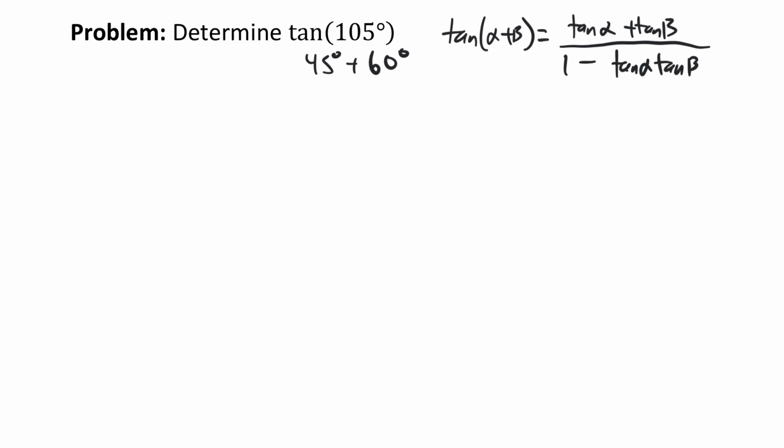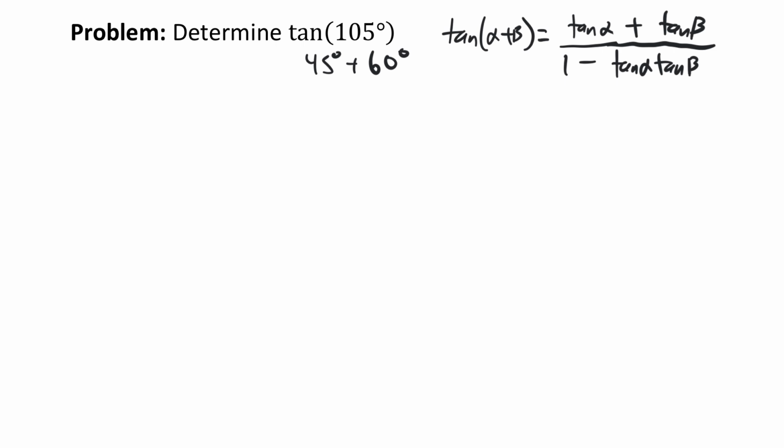So the tan formula is not a fun one because there's division and a lot of stuff going on there. So there's a plus, there's a minus, there's a times, there's a divide, there's all the stuff. But once you have it written out, you should be able to rock and roll.